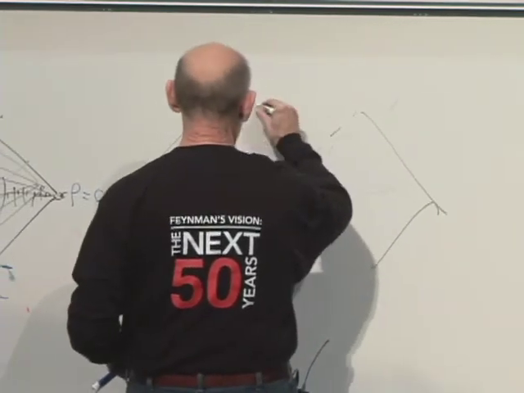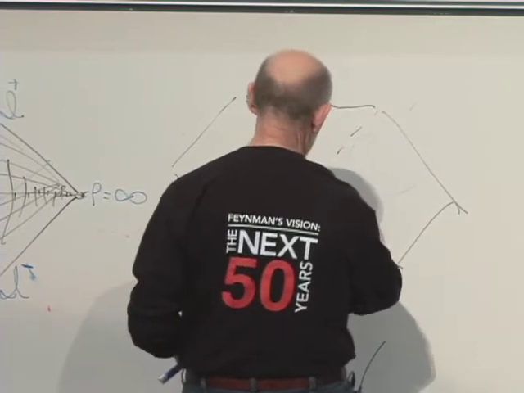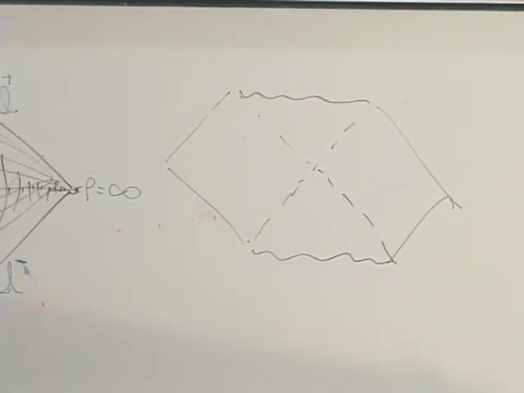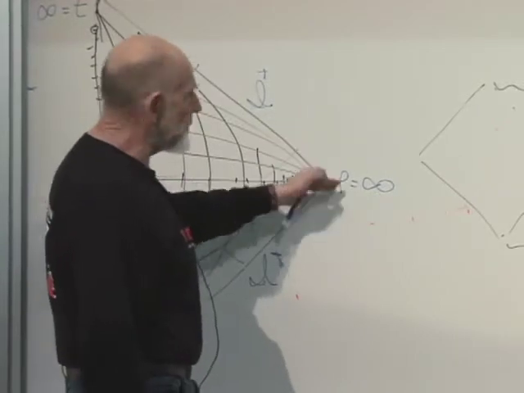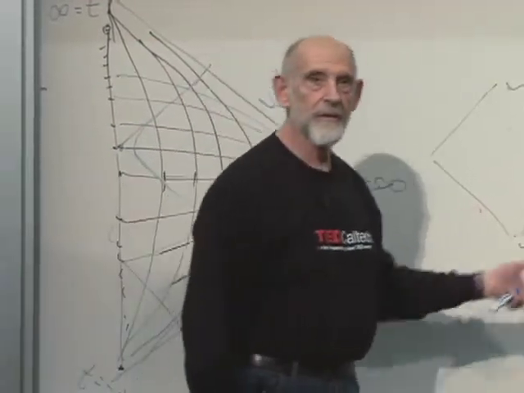And I'll show you how to read it in a minute. Okay, let's start out here at r equals infinity. That's like rho equals infinity. That's like way out here. Where do you think it ought to go? Way out here.